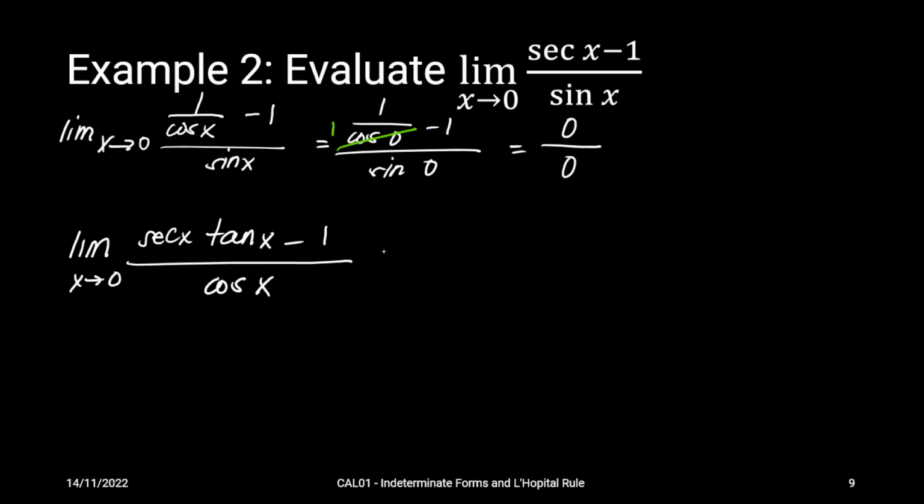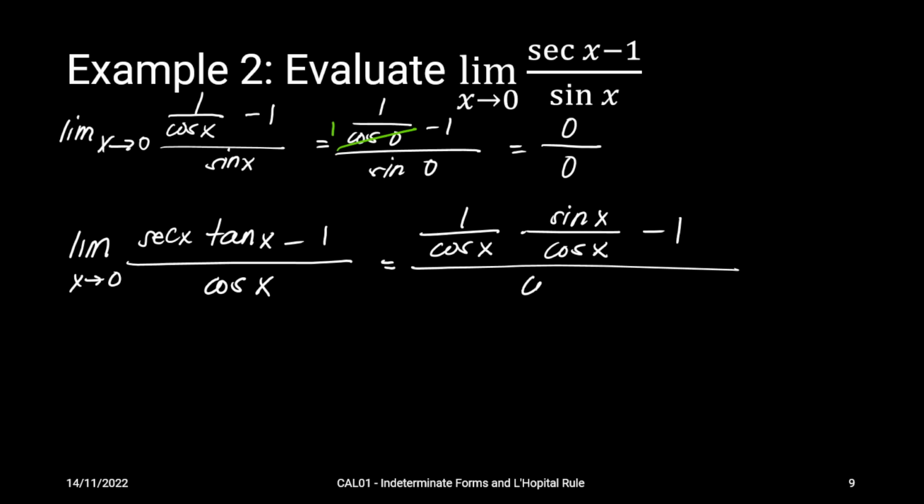So, this is equivalent to 1 over cosine x times sine x over cosine x minus 1 over cosine x. Diba? So, this can be simplified to sine x over cosine squared x minus 1 over cosine x. Diba? Then, substitute na natin si 0.